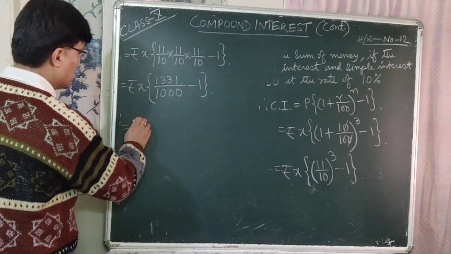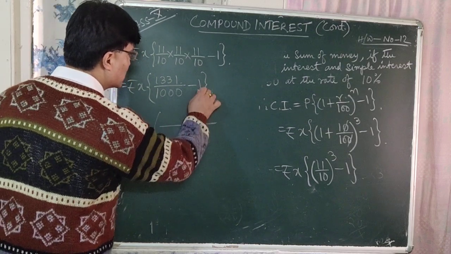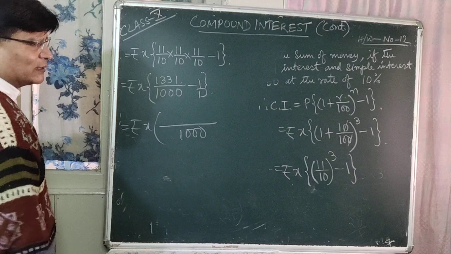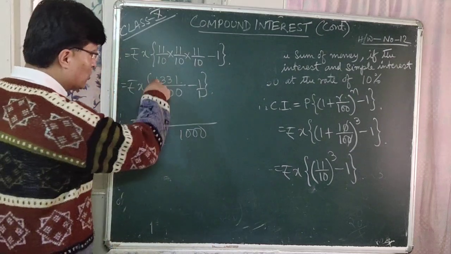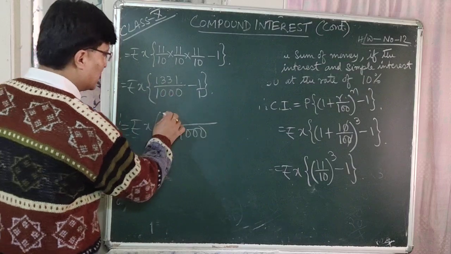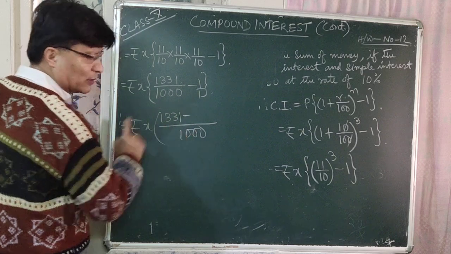So this is equal to rupees X within bracket, and we take the LCM. 1000 below, and below 1 there is 1. You know how to get the LCM and simplify it, isn't it? 1000 divided by 1000 is 1, so 1 into 1331 is 1331, minus 1 into 1000, which is 1000.